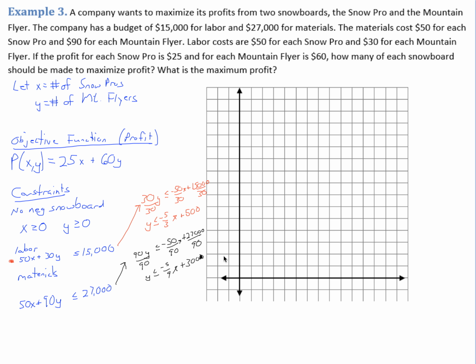All right, so let's go ahead and graph this red one here. We start at 500. Well, we need to count up here. Let's count by 50s. So this would be 50, 100, 150, 200, 250, 300, 350, 400, and 500.